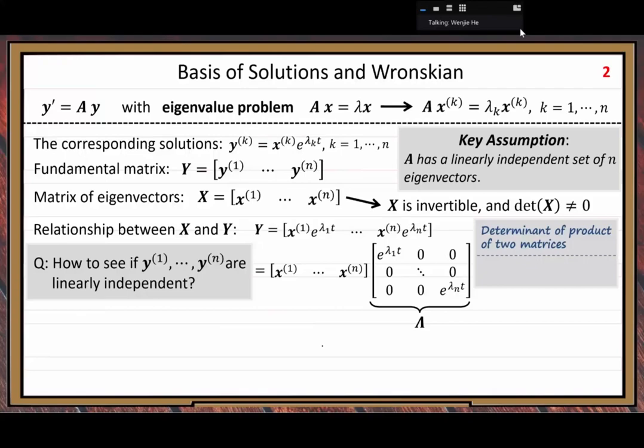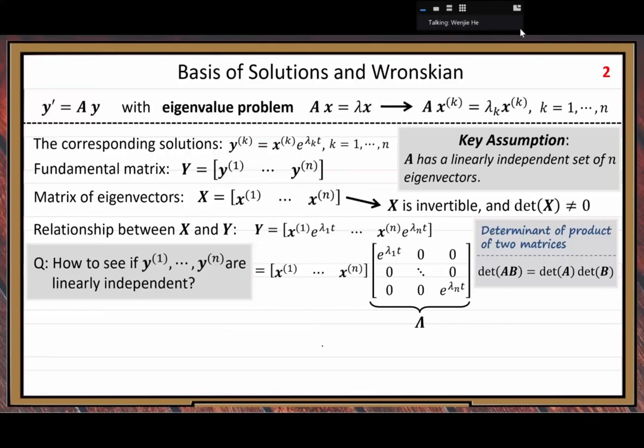We want to look at the determinant of capital Y. The determinant of capital Y equals the determinant of capital X times the determinant of capital lambda. There is a general property: the determinant of the product of A times B equals the determinant of A times the determinant of B. It can be proved.